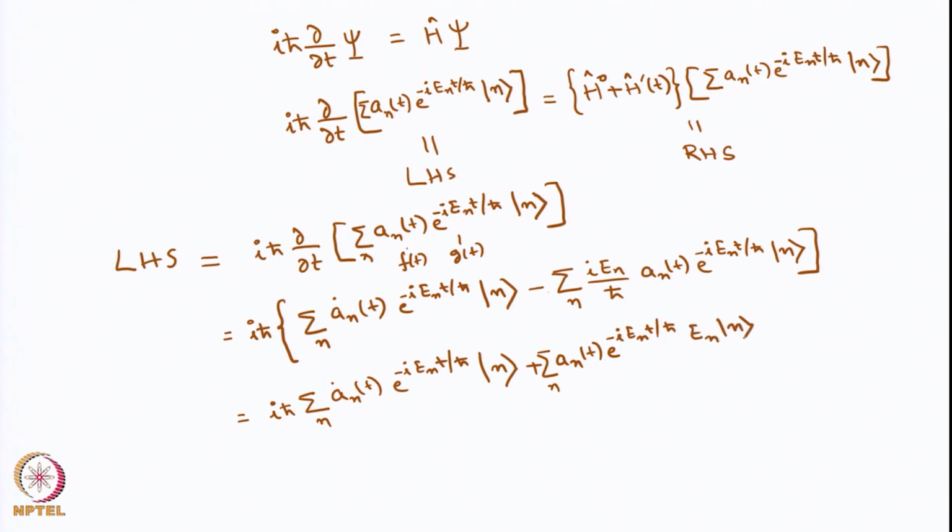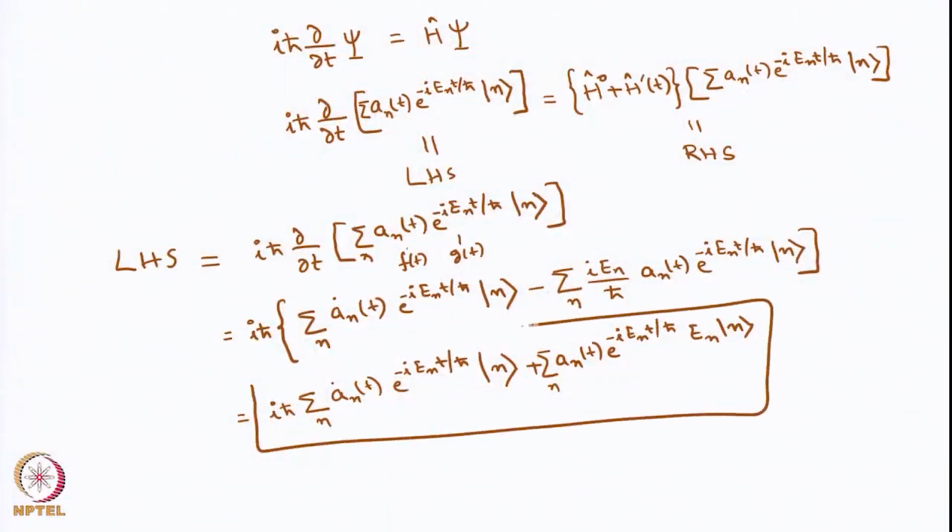So you will get two terms. But of course each of these terms is a summation of many terms depending on the value of n. So you remember, my LHS is this.